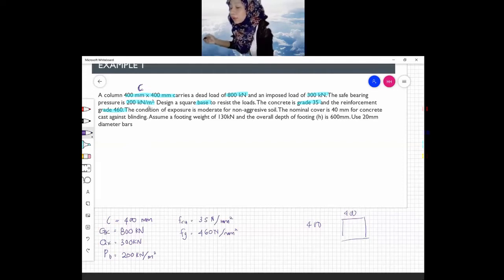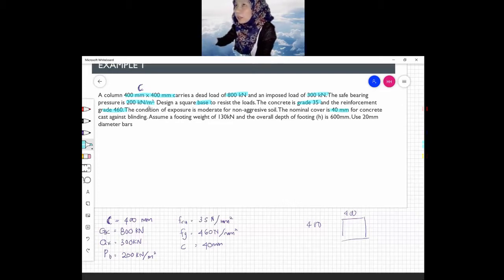So actually it's talking about concrete cover. The nominal cover is 40 mm. Meaning you have another C which is 40 mm, so don't get confused here. C here means a different C. This is column width and this one is for concrete cover. For concrete cast against blinding, it's already mentioned that the concrete is cast against blinding.